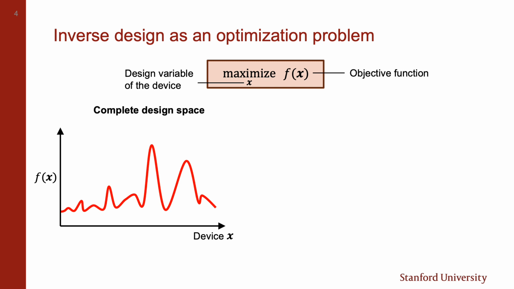Before we talk about GLOnets, let's describe the inverse design as an optimization problem. Here, x is the design variable of the device, which could be the geometric parameters or the refractive index of the material. f of x is the objective function to be maximized or minimized. It could be the efficiency of a device or the difference between the physical response and the target response.